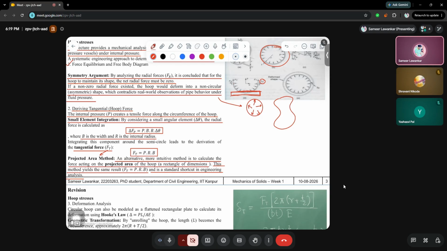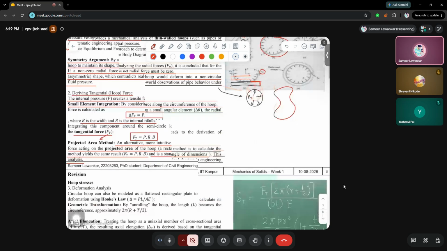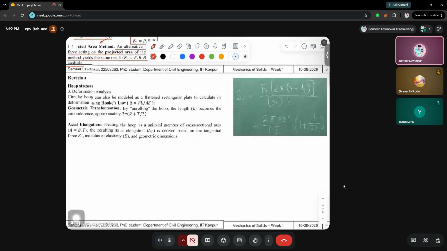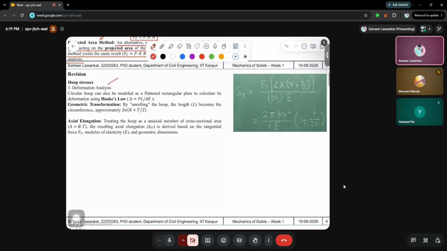That was the main reason for explaining the projected area method. Fine. So that was regarding the hoop stresses. Let's move on to the third point, the deformation analysis. In deformation analysis, the circular hoop can also be modeled as a flattened rectangular plate to calculate its deformation using Hooke's law, that is delta equals PL upon AE.